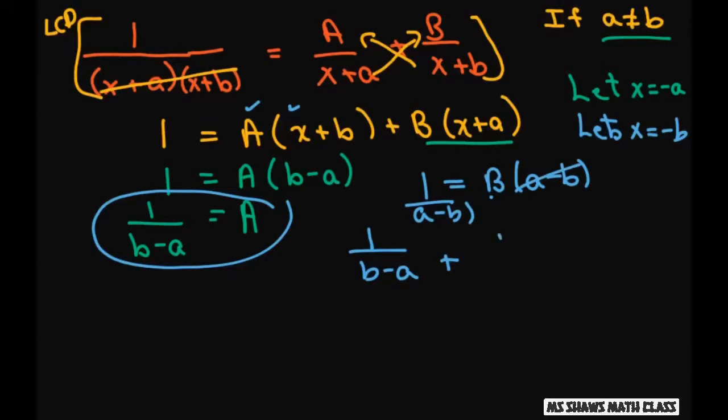So this would be 1 divided by A minus B. And this is over X plus A and X plus B.